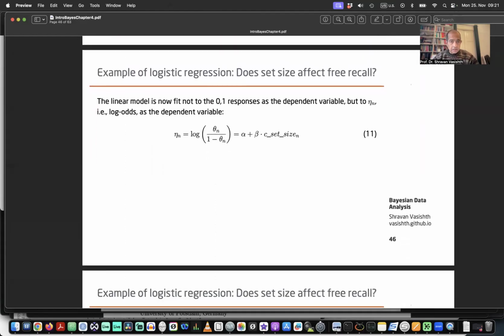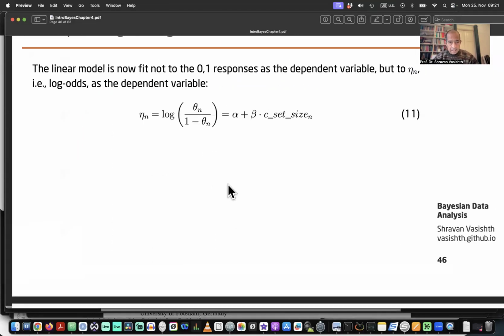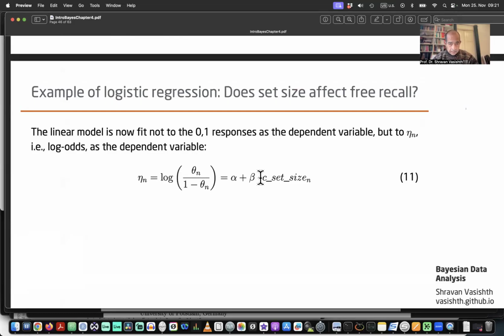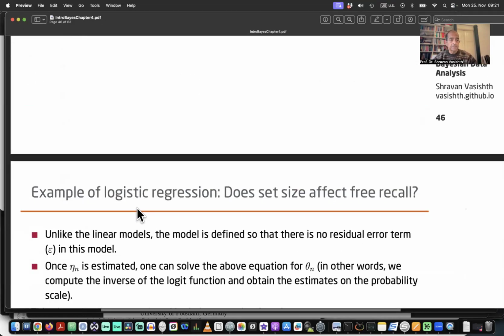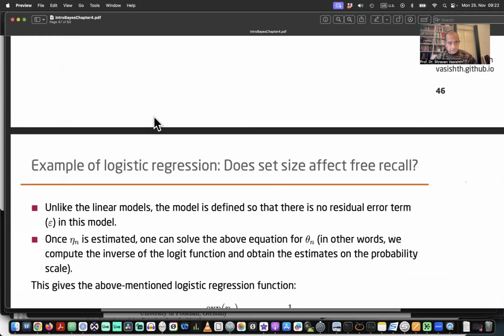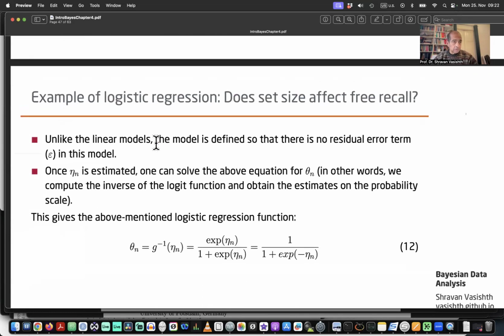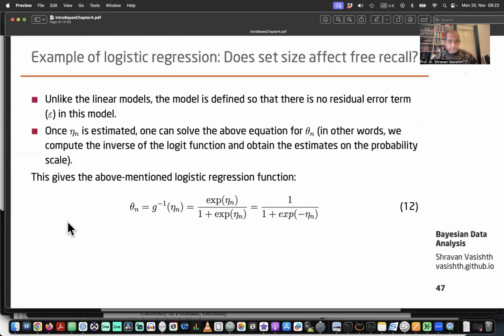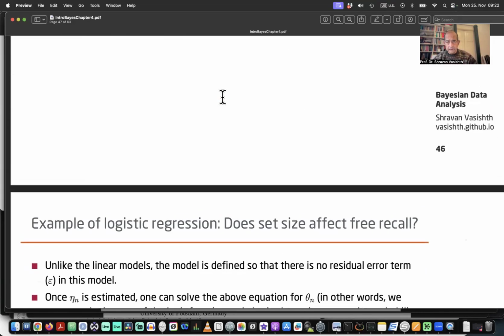All right, so that's our model. We are modeling every row in the data frame, and for whatever the centered set size happens to be, we can generate a prediction based on the posterior distributions of alpha and beta. We can generate a predicted log odds of producing a correct response. By the way, there is no residual term in this kind of model.